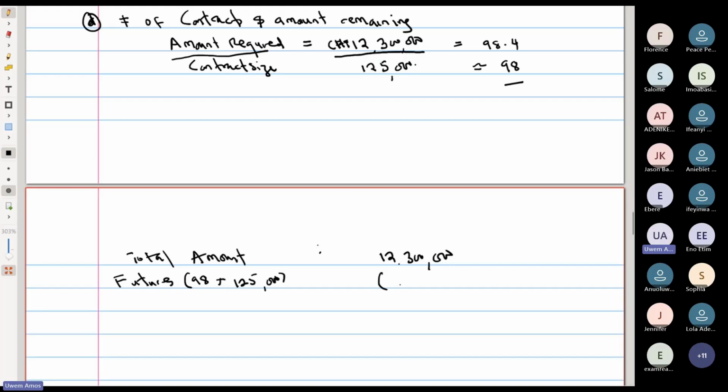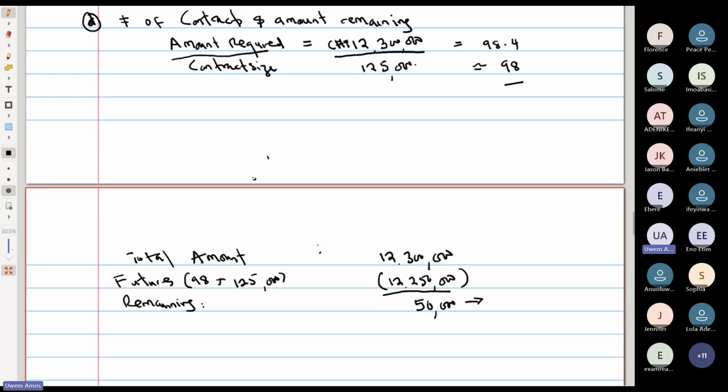So how much are we using futures for, so that we know what is remaining? 12,250,000. So we have a difference of 50,000.